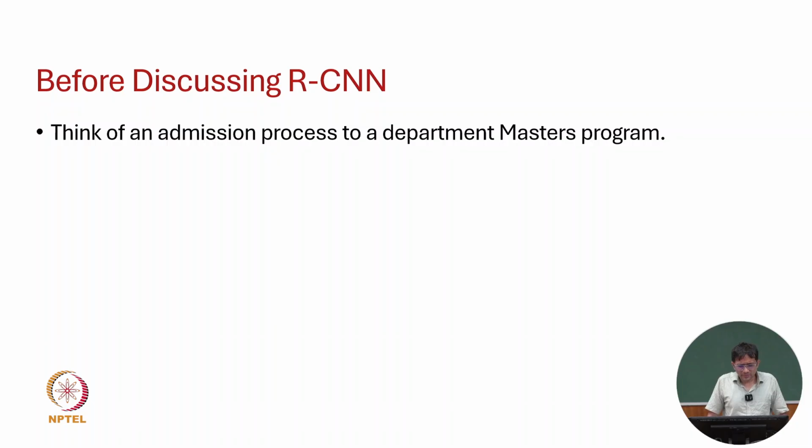In a plain masters, you will not be assigned, but in a master's by research program, you will be assigned to, let's say, one particular research area: graph machine learning, speech analysis, or computer vision. So these three are the candidate research areas, and you will be assigned to one out of these three.